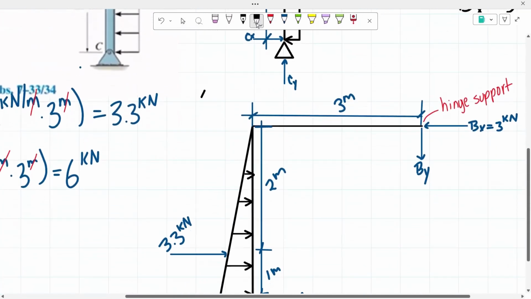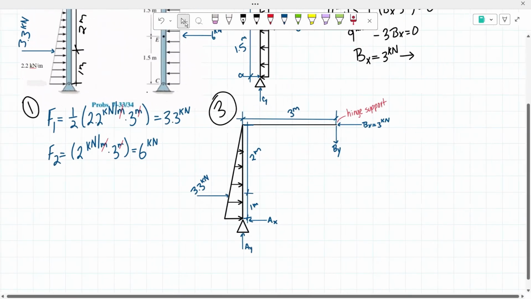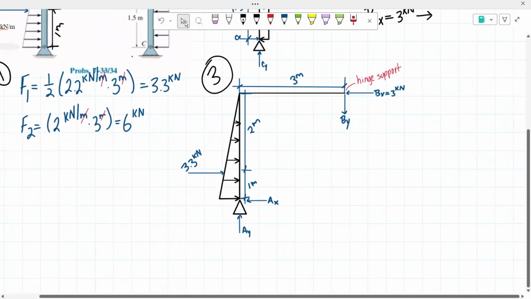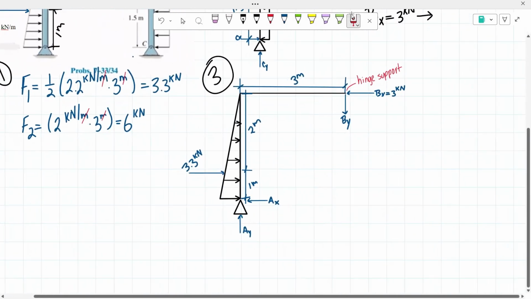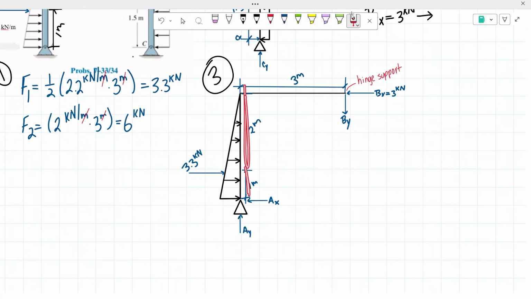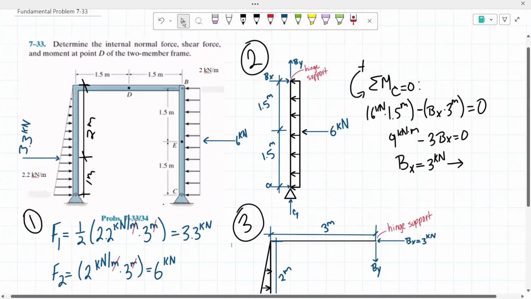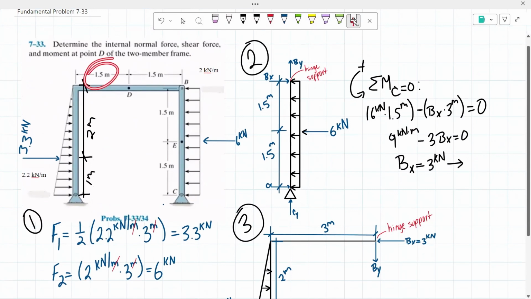And this is my third step. So as you guys could see, we have my pin support with my two unknown reactions, my concentrated force 1 meter inwards, 2 meters from here. Then we have this whole member with a span of 3 meters, which is given to us because 1.5 and 1.5. And then we have our hinge support.